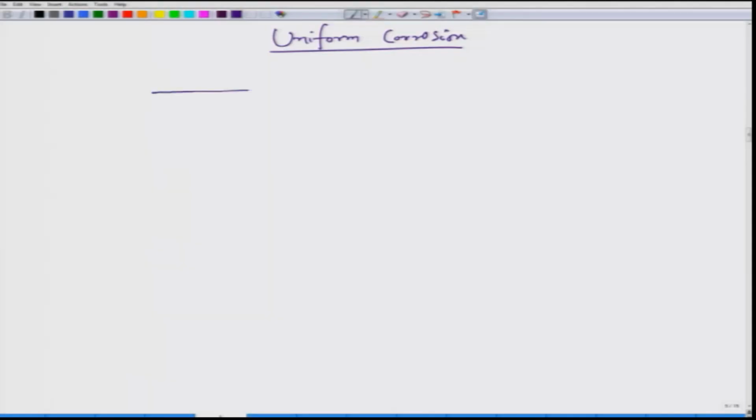On that roof we notice that the corrosion is uniform. For example, if this is my section, the steel roof, and we call it uniform, that means the depth of corrosion is more or less uniform throughout the cross section.